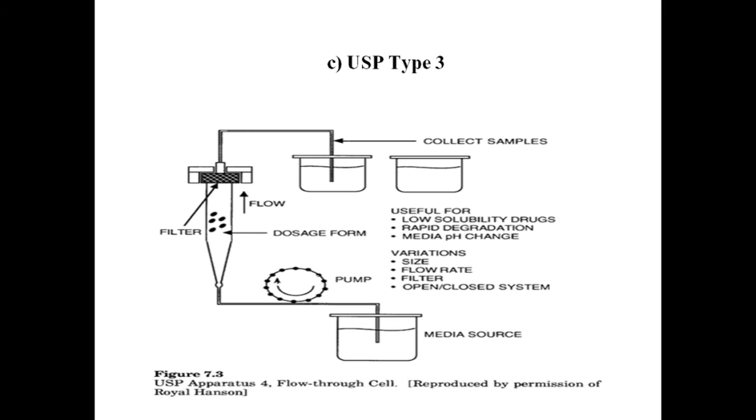This apparatus finds its greatest utility in the testing of poorly soluble drugs, as sink conditions can be maintained by continually passing fresh dissolution fluid over the dosage unit. This apparatus finds more widespread use in Europe than elsewhere.